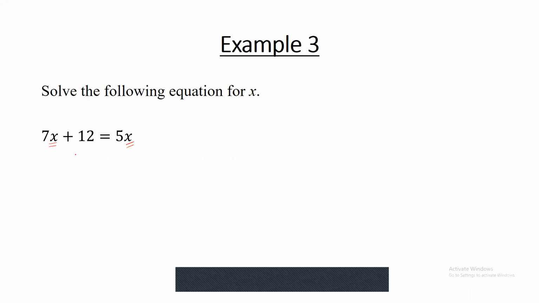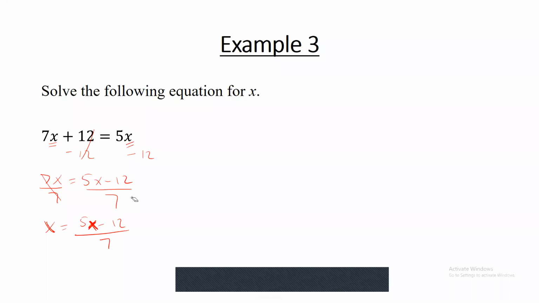For example, if we were to subtract 12 from both sides, we would have 7x equals 5x minus 12. And if we divided both sides of the equation by 7, we would have x equals 5x minus 12 over 7. Well, that doesn't tell us what x equals because we still have an x term on the other side.